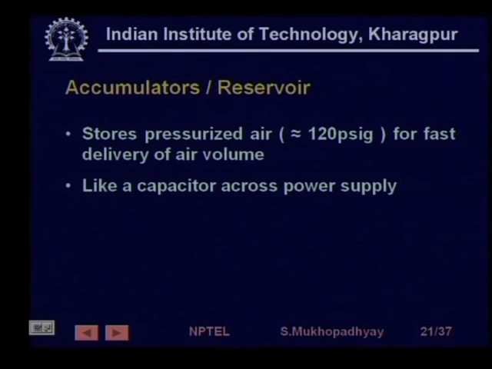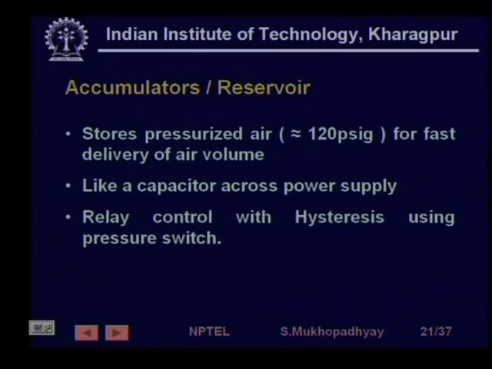Therefore, a capacitor is generally kept charged at the circuit output, so that large transient current demands can be met without causing the terminal voltage to drop. So, in that sense, the accumulator is actually a capacitor.